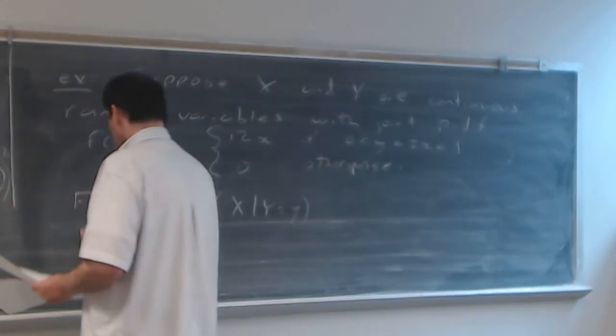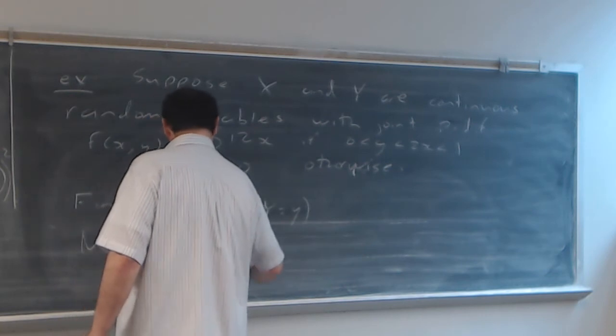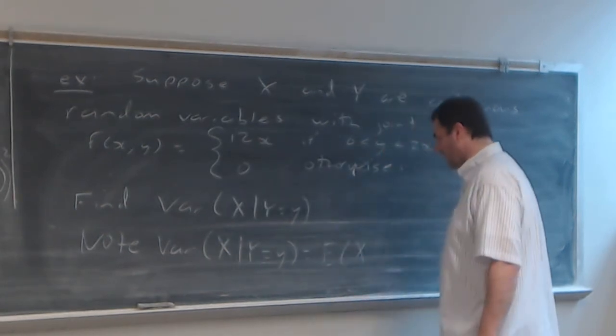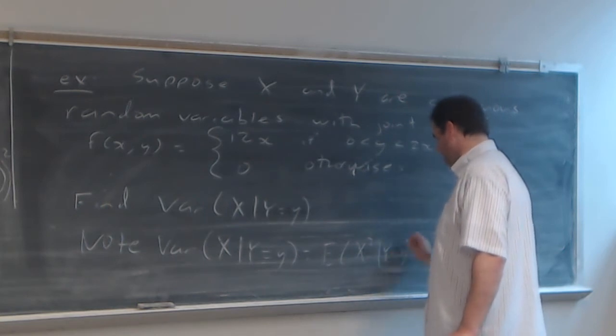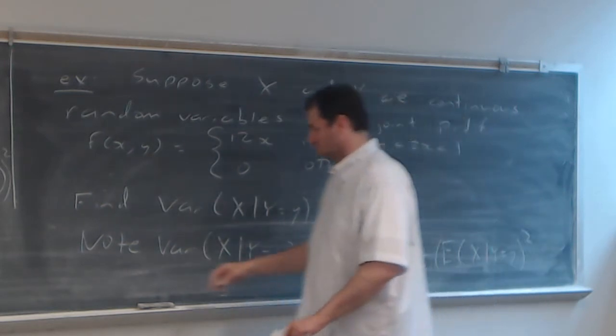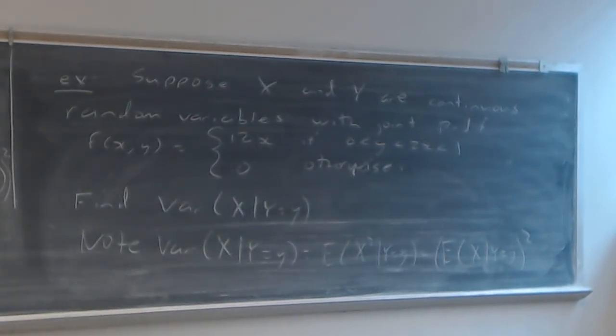By definition, the conditional variance of X given Y equal to y is equal to the conditional expectation of X squared given Y equal to y, minus the expected value of X given Y equal to y, squared. So we've got to find each one of those parts.